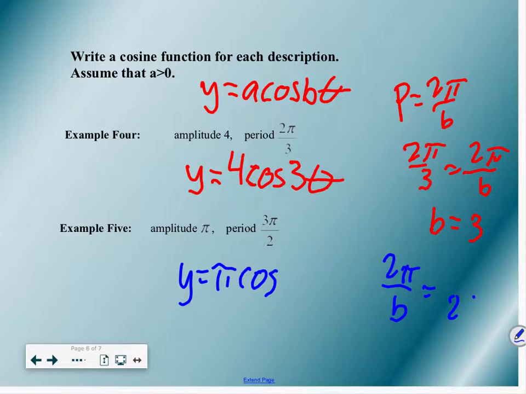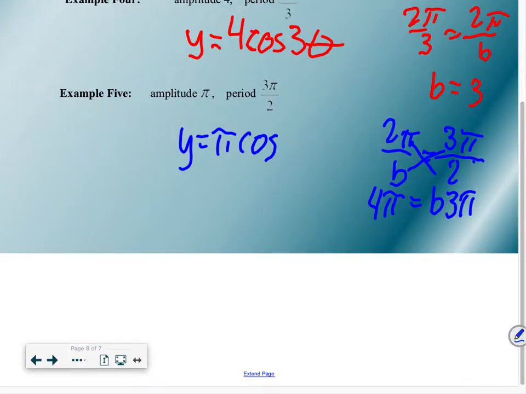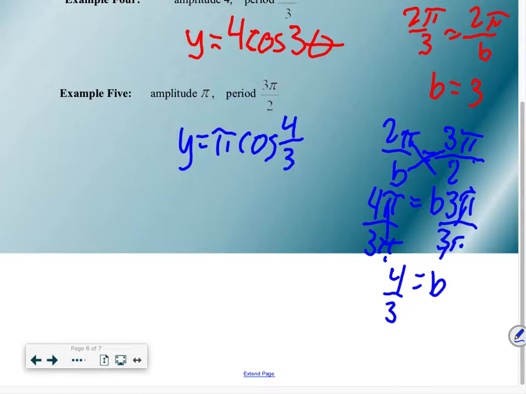You need to cross multiply to solve this. So 2 times 2 is 4 pi, equals B times 3 pi. How would I get B by itself? Divide by 3 pi. Pi's cancel, my B is not 3/4, it is 4/3. So cosine of 4/3 theta.